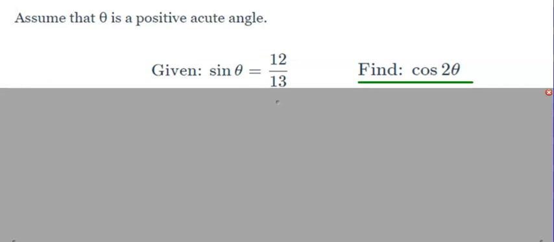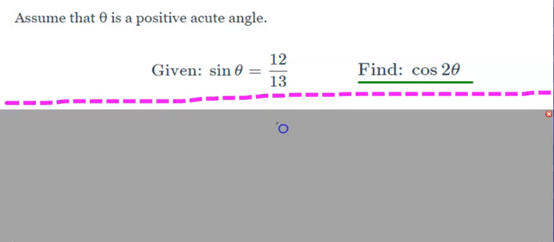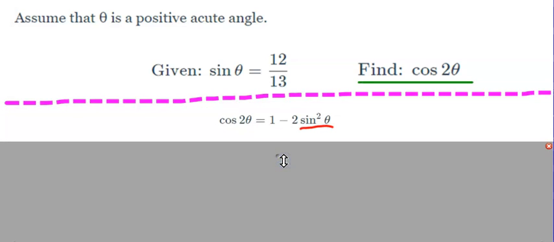So here's our first example. You have sine theta equals 12 over 13. Find cosine 2 theta. So first step is to identify the formula for cosine 2 theta, which is 1 minus 2 sine squared theta. If you are not familiar with a trig function being squared, it's not as bad as you think, because all you have to do is first focus on the sine theta you're given from the original problem.